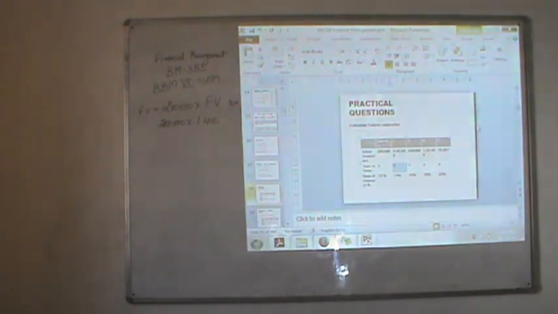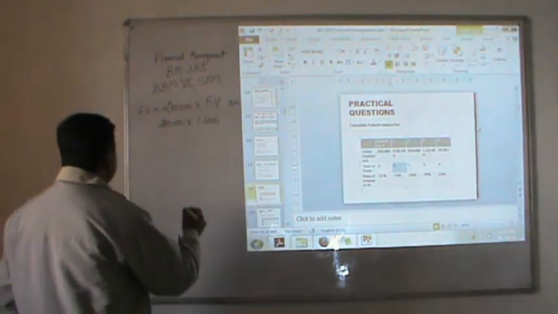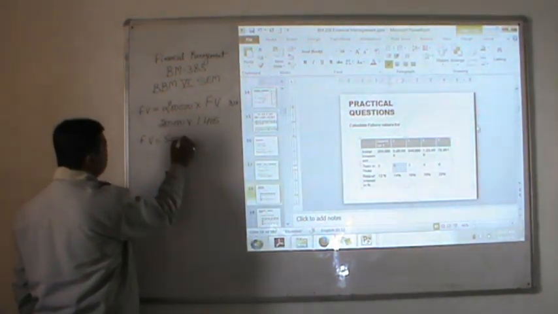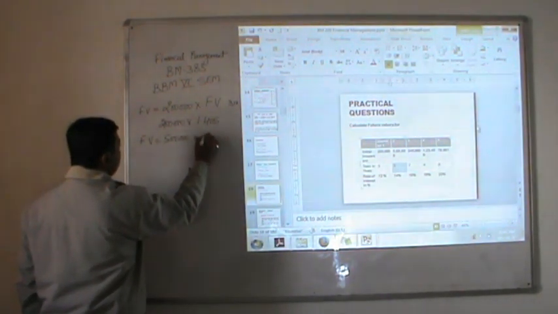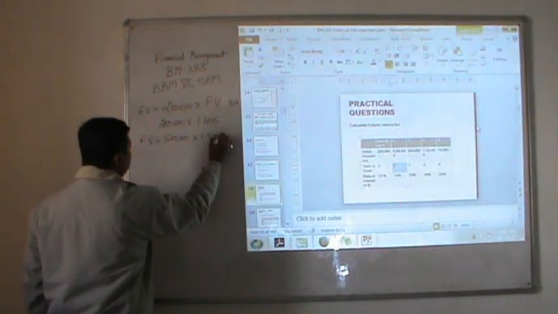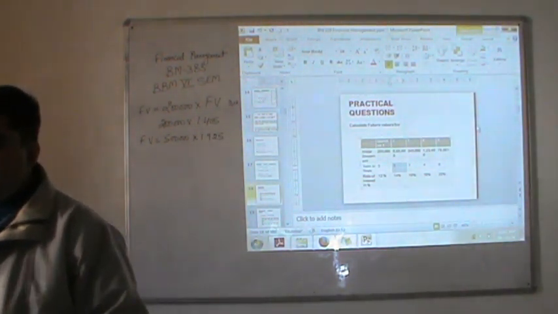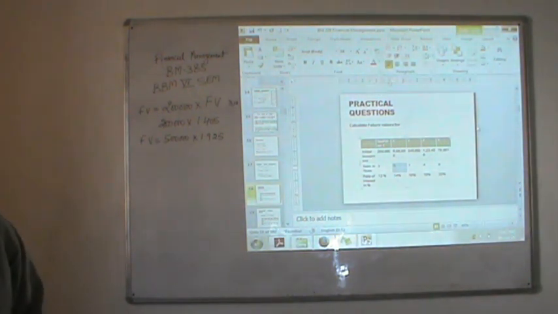The value is 1.925. So for the second example, 1.925 is the value. So future value is equal to 5 lakh into 1.925. So with the help of the table, we can easily calculate the future value, which is as per this statement.